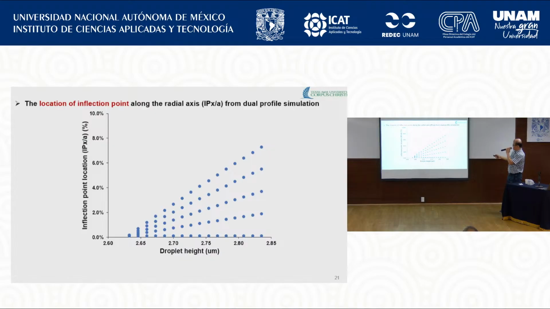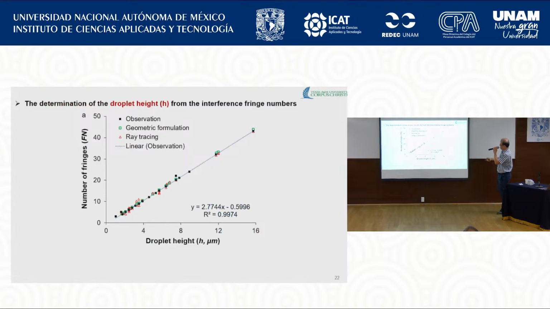Also, the inflection point is usually located at less than 10% of the droplet radius. Now this result shows the droplet thickness versus the fringe numbers.